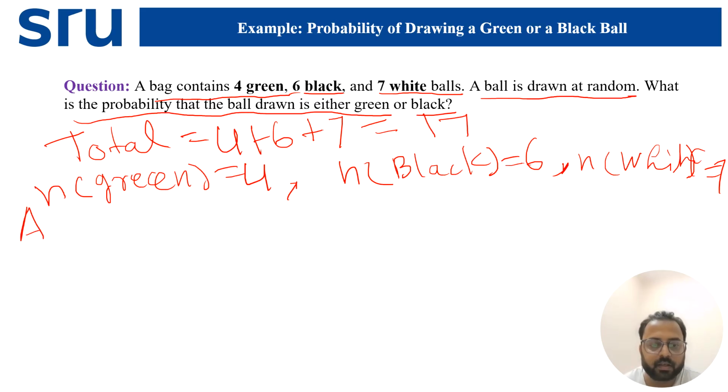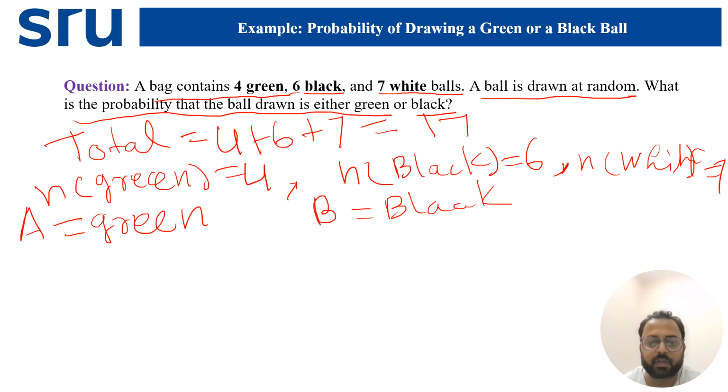Let A be the event of drawing a green ball, and B be the event of selecting a black ball.